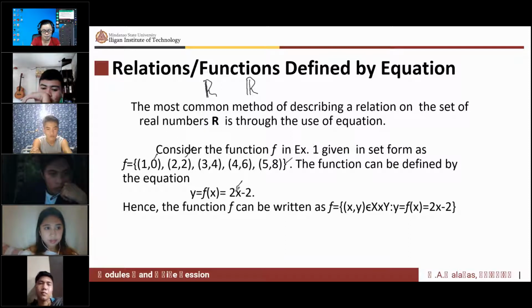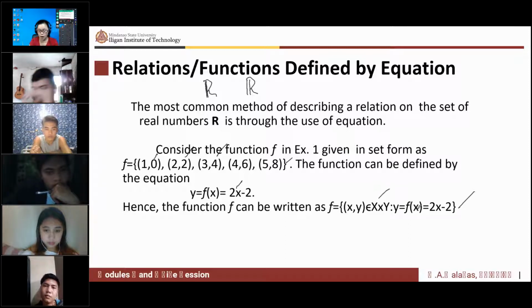When x is 3, 2 times 3, 6 minus 2, so you have (3, 4). And so on, when x is 4 and when x is 5. Now, we can write our function in this form: the set of ordered pairs (x, y) in the Cartesian product of X and Y such that y is equal to 2x minus 2.